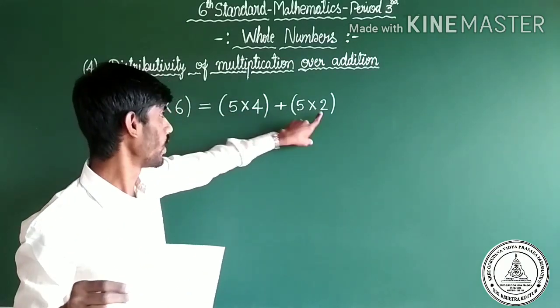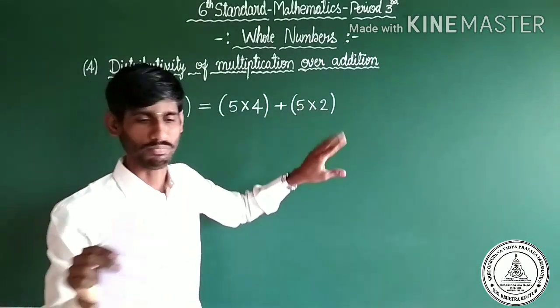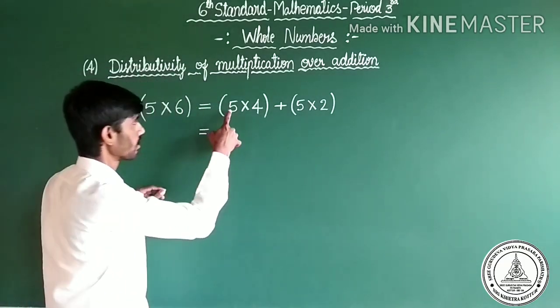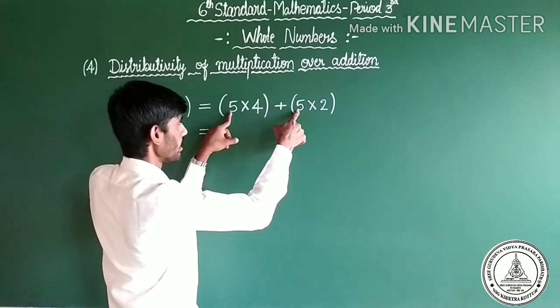Why is it 4? Why is it 2? Let us calculate. Here is 5, here is 5.